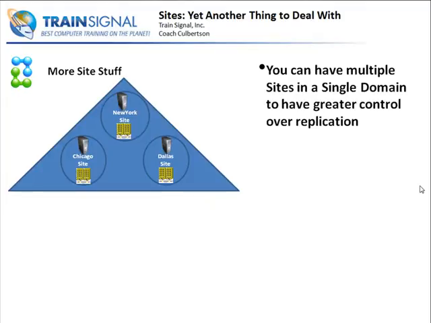But you don't necessarily need a whole separate domain for a different geographical location, especially if you only have a few people in each location. So keep in mind that the size of the network is really going to determine what you're going to do with the sites and forests and domains and all of that.